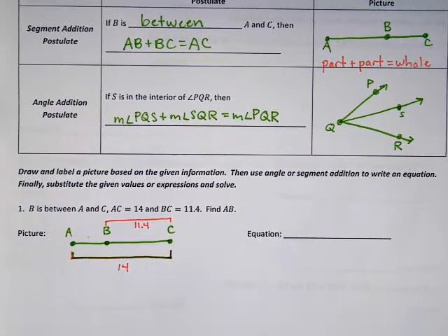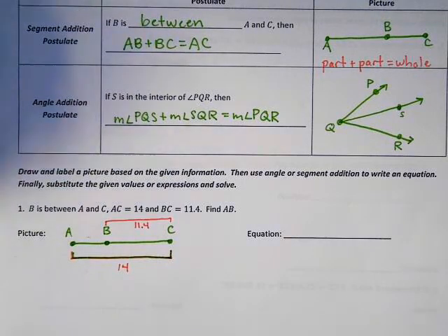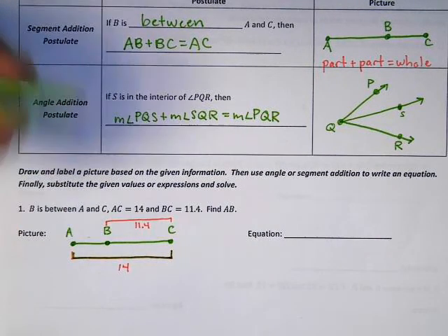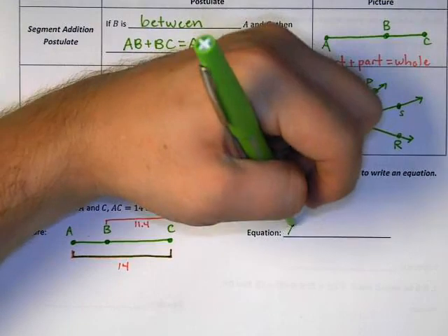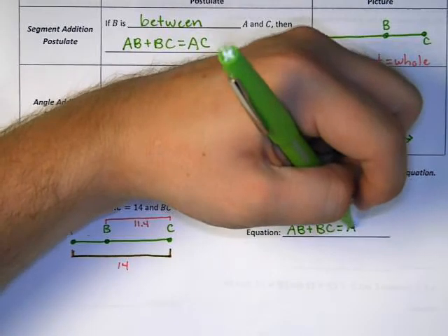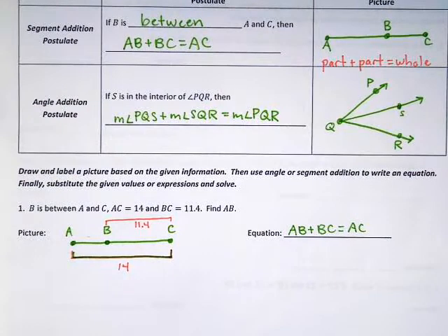What's great, guys, is that I'm going to write the same equation. I'm still going to write my segment addition postulate statement: AB plus BC equals AC. But what do we notice?